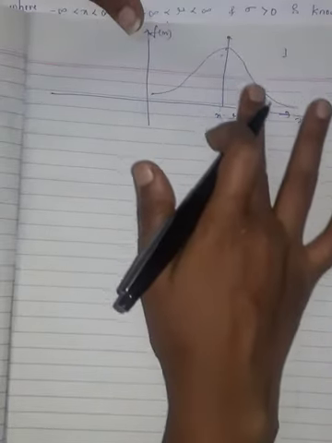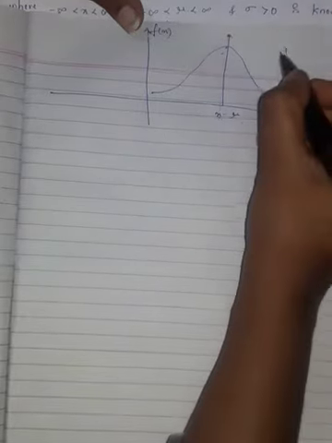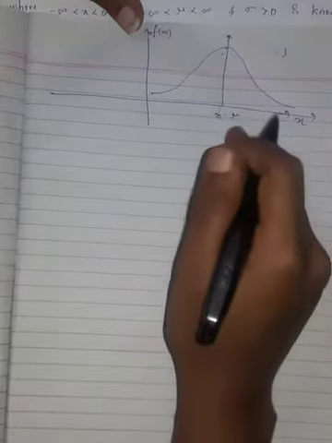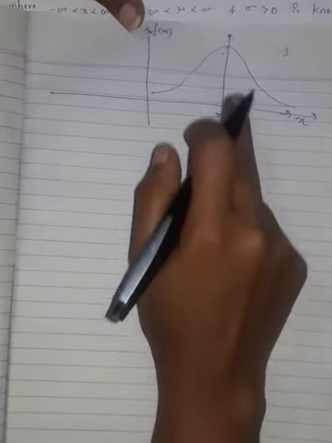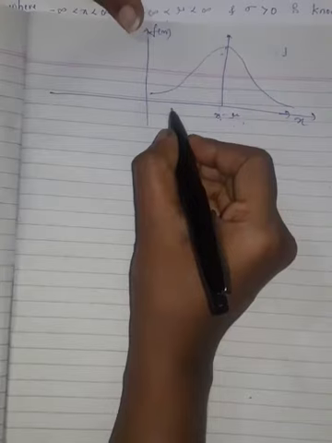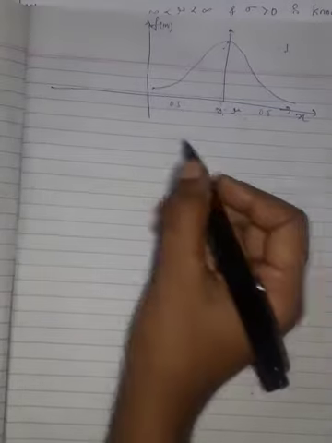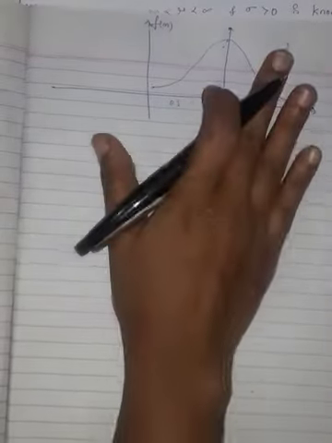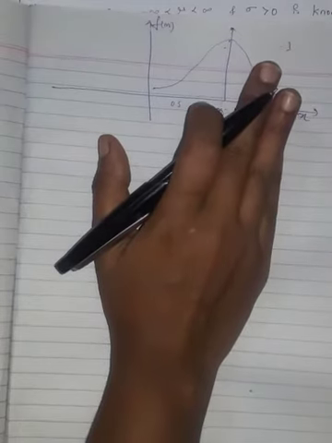So if x is equal to mu, the line divides this area, and the area on the left becomes 0.5 and the area on the right becomes 0.5. So this is the graph which we have taken here.